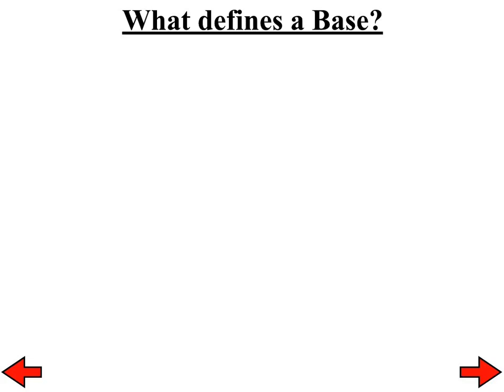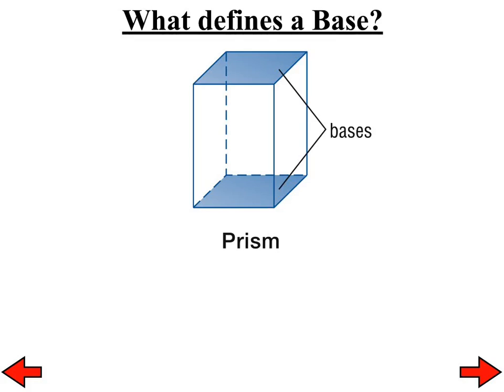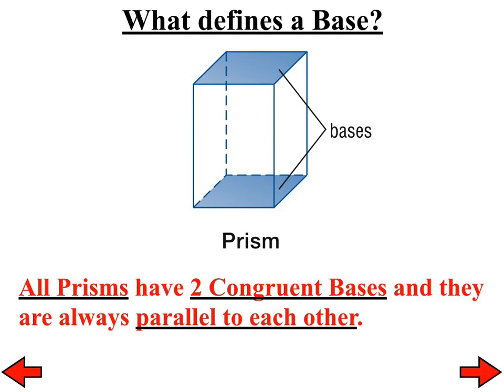All right. So what defines a base, first of all? Well, if you have a typical rectangular prism, those are the bases. And this is where some people get confused. They're not sure what the base is. The bases are always congruent, and they're always parallel to each other. And that's the thing you have to remember.